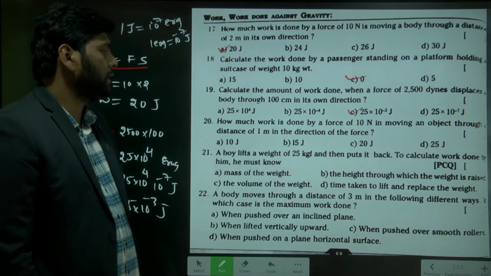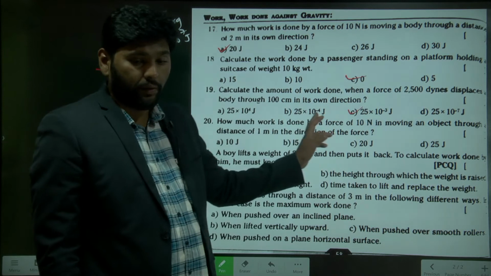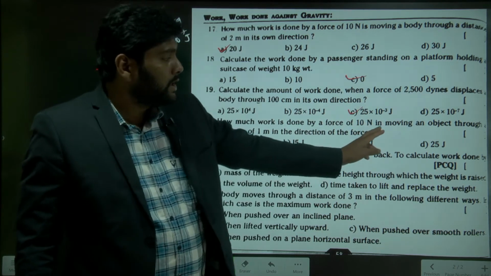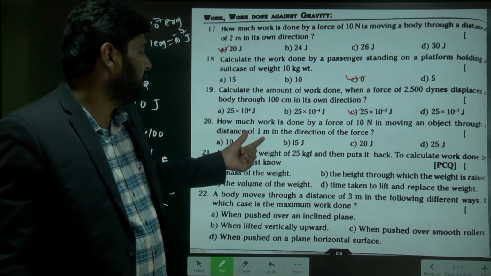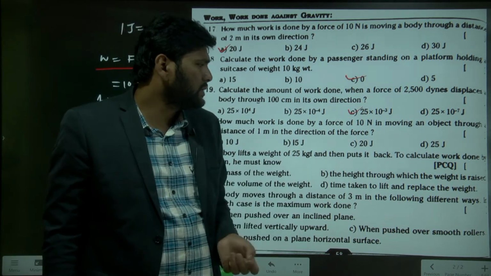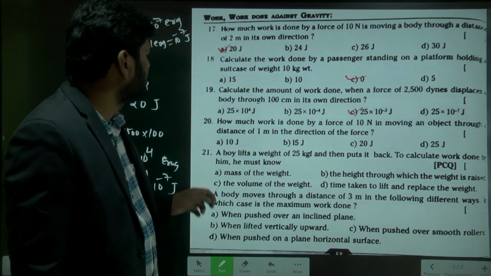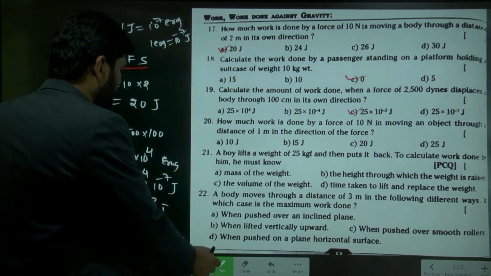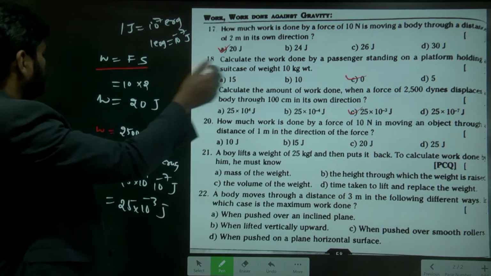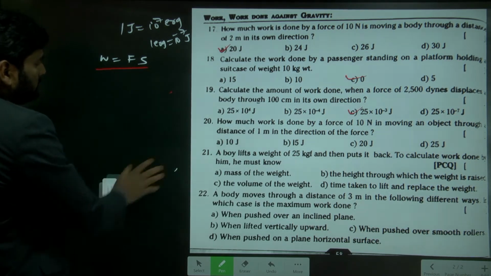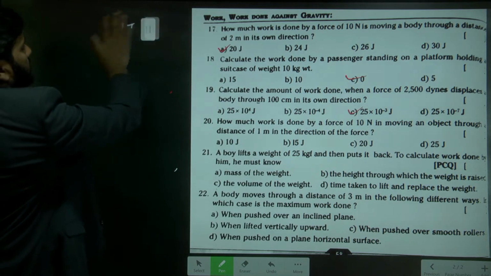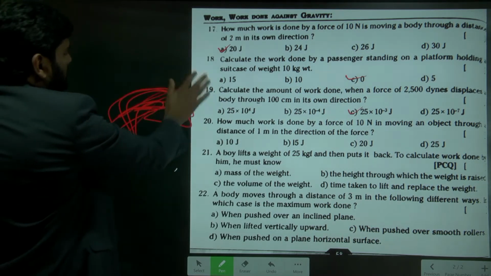How much work is done by a force of 10 Newton moving an object through a distance of 1 meter in the direction of the force? This question is already done, this kind of question we have done. So tell me the answer. 10 joules. How 10 joules? What is the formula here?